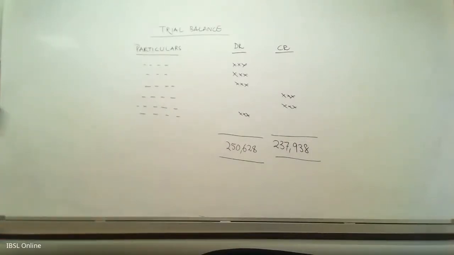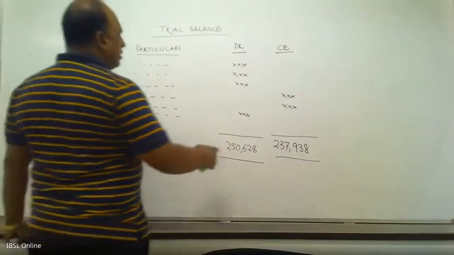Okay. So I would like you all to take down this example quickly in your notes. I'll give you about 2 minutes. We have a problem here. What is that? The trial balance does not agree.